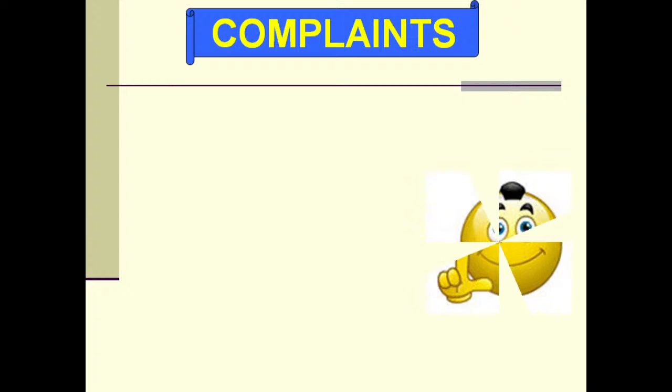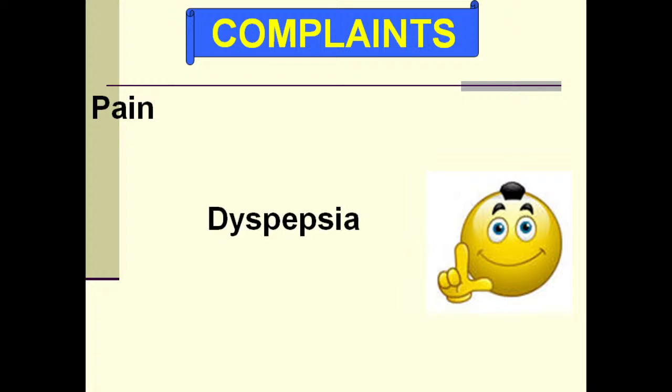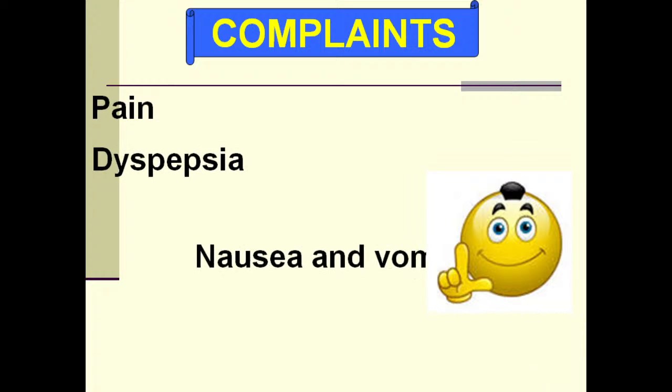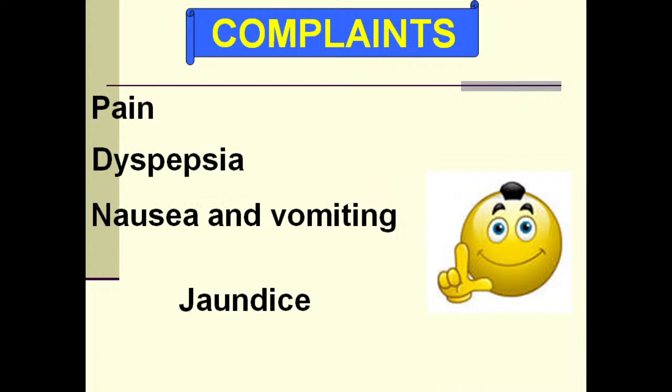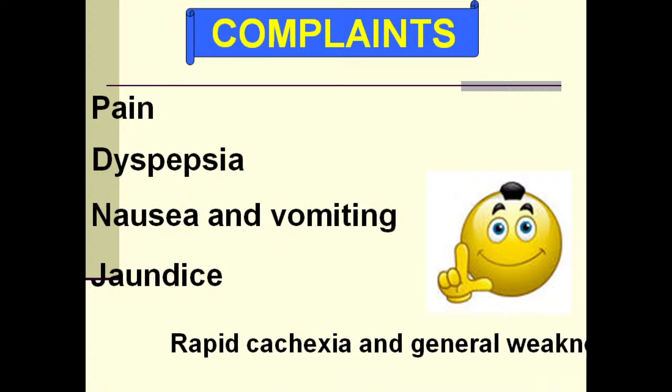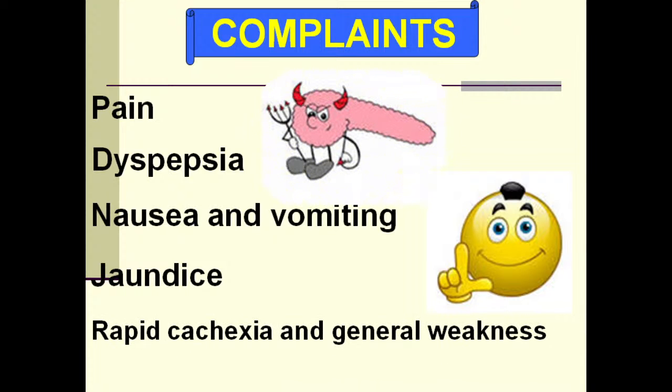Complaints of the patient with pancreas diseases: first of all, pain, then dyspepsia, because the pancreas finishes the digestive process. The patient can complain of nausea and vomiting, maybe jaundice, but if the process is chronic, the patient obligatorily progressively loses weight.